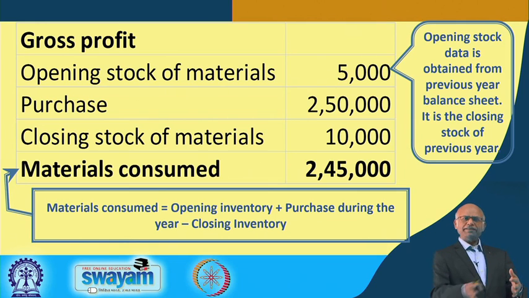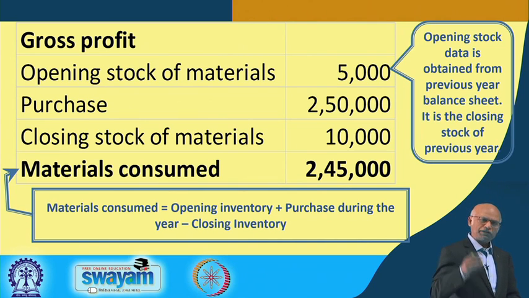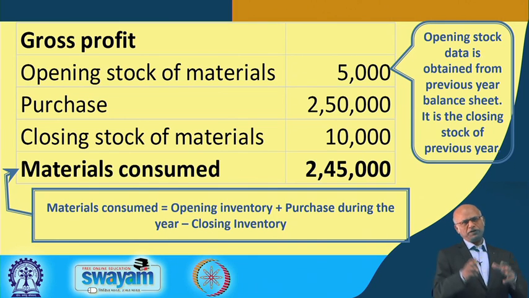When you ended the business, at the just concluded financial year, that is on 31st March 2018, you started on 1st April 2017, and now it is 31st March 2018 midnight. At 12 midnight you take stock, and you find that there is still 10,000 rupees worth of stock in the godown or in your shop premises.